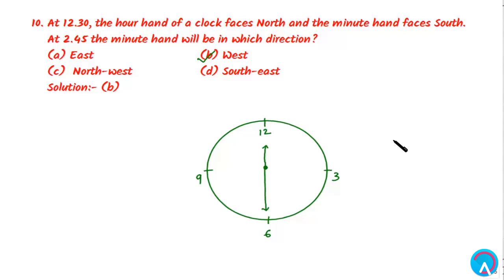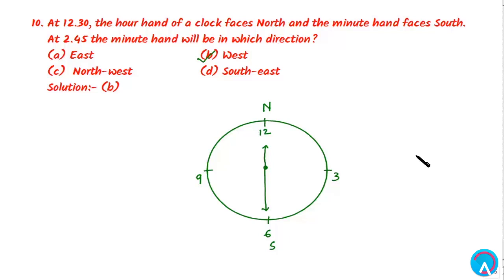Let's solve this question. So, according to this question, at 12:30, this will be the position of the clock. And it says the hour hand of the clock faces north. So, this is north. And minute hand faces south. So, this is south. At 2:45, the minute hand will be in which direction?